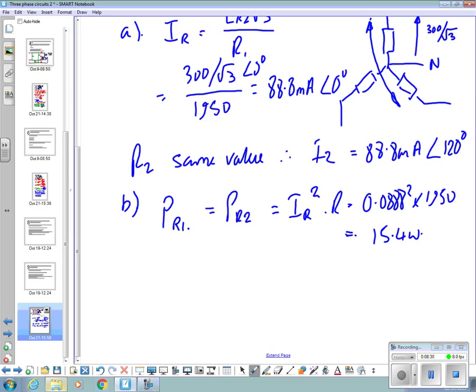How does that compare with the phase wattage from problem 2? So, same as problem 2. Yep.